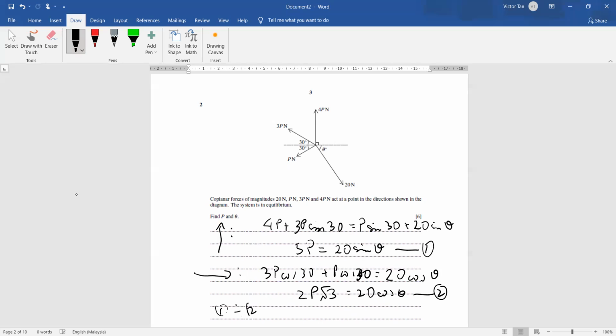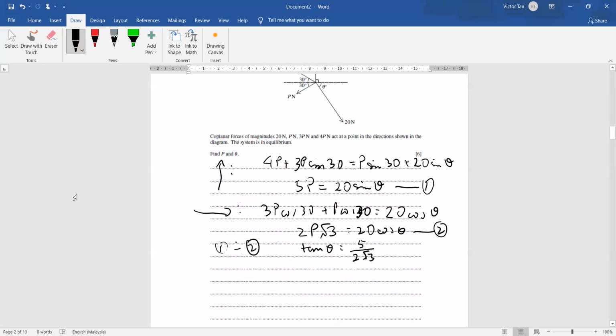Sine theta over cos theta is tangent theta, so tan theta is 5 over 2 root 3. Theta equals arctan of 5 over 2 root 3, which is 55.3 degrees.